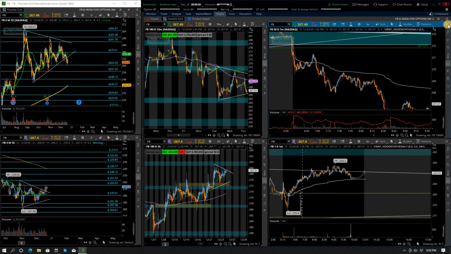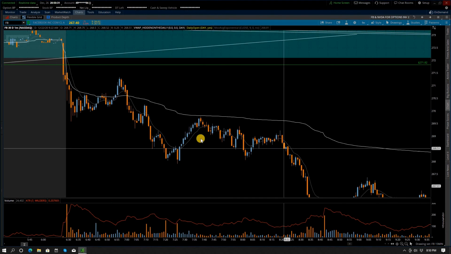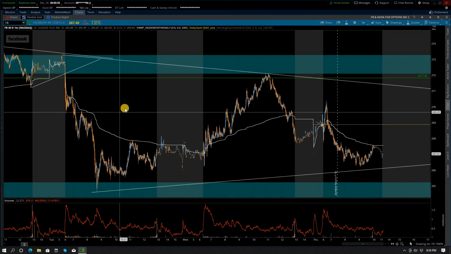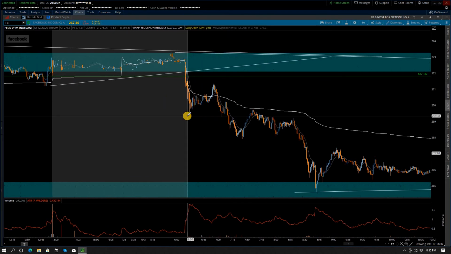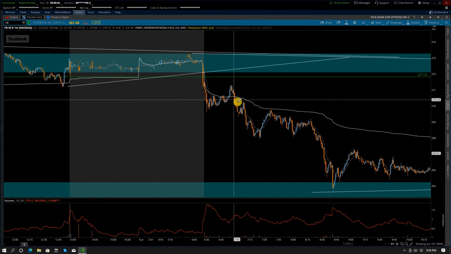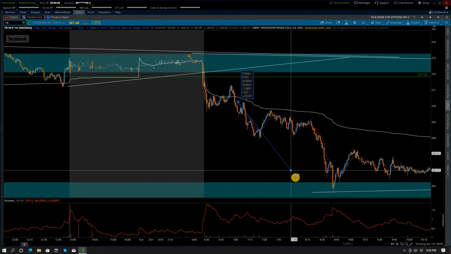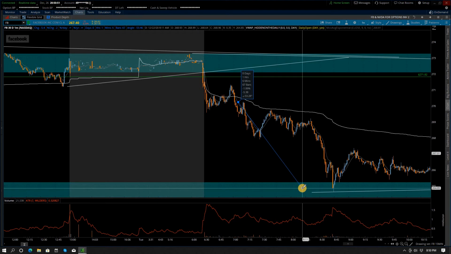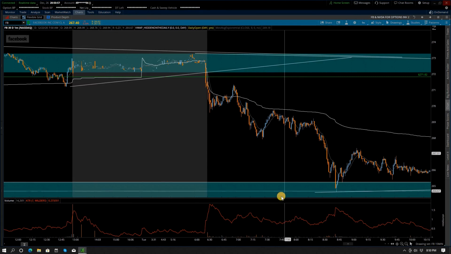And the other thing is having a really good risk to reward. As you guys can see, this day here, let's say you waited for this candle to close here. You're talking about 80 cents at most risk to make roughly about a 5 or 6 to 1 in this one trade.